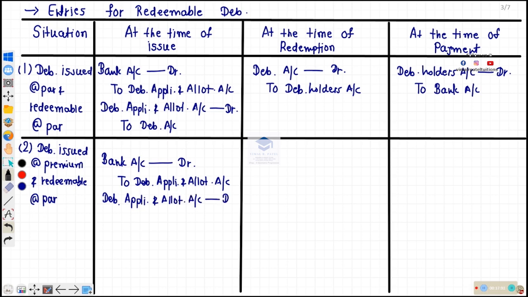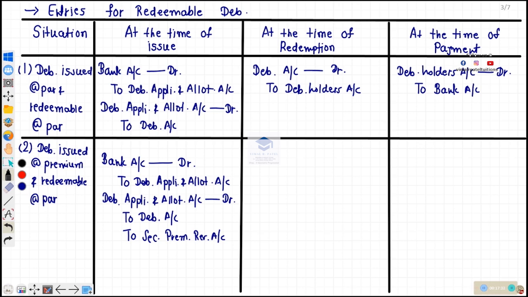Debenture application and allotment account debited, 120, to debenture account, 100, to security premium reserve, 20.